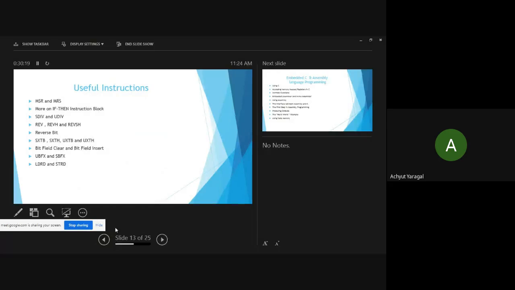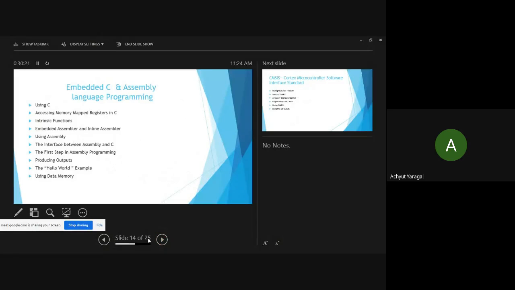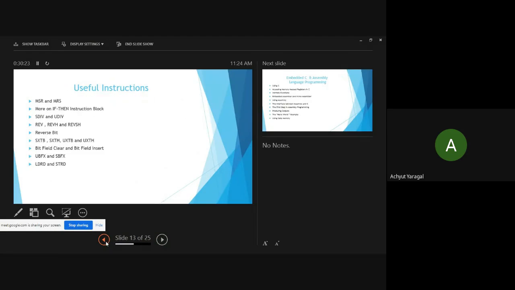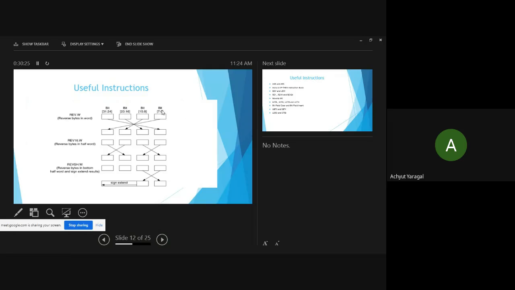Then we'll move on to that particular slide where we wanted to explain the reverse. You can see here useful instructions, reverse REV.W is there. So you can see here, the 0 to 7th bit has been exchanged with the first one. 0 to 15th bit has been exchanged here, and 16 to 23 has been placed here, and 24 to 31 has been placed here.